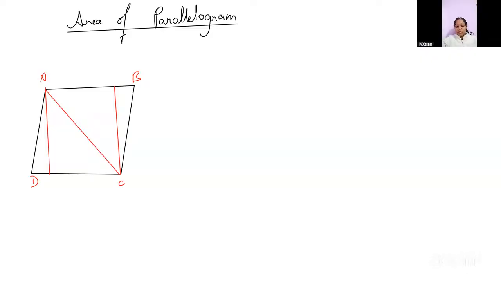We do half base into height. Same way, this is the base, and this is the height of triangle ACD.